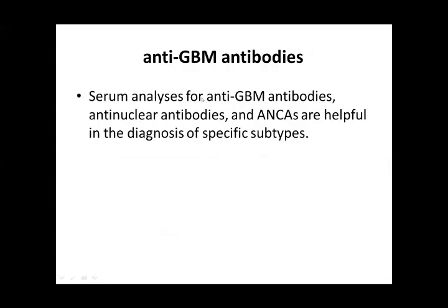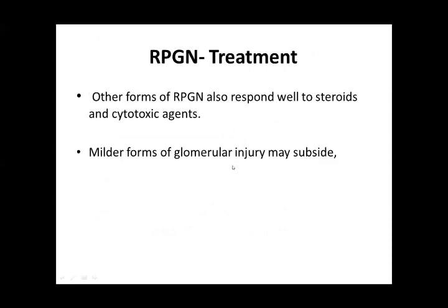Anti-GBM antibodies, serum analysis of GBM antibodies, anti-nuclear antibodies, and ANCAs are helpful in diagnosis of specific types. You have to know what type of disease is there in the rapidly progressive form of glomerulonephritis. They can respond to steroids, especially type 2 rapidly progressive glomerulonephritis, and type 1 can respond to cytotoxic drugs.